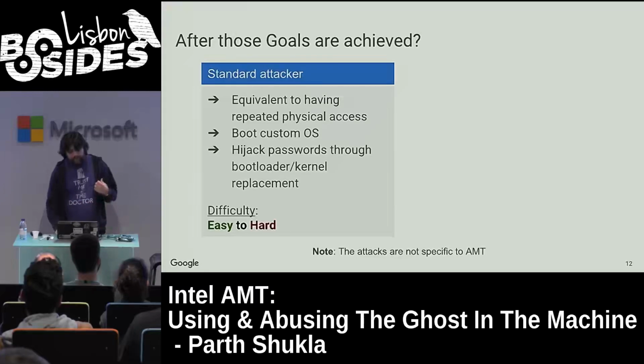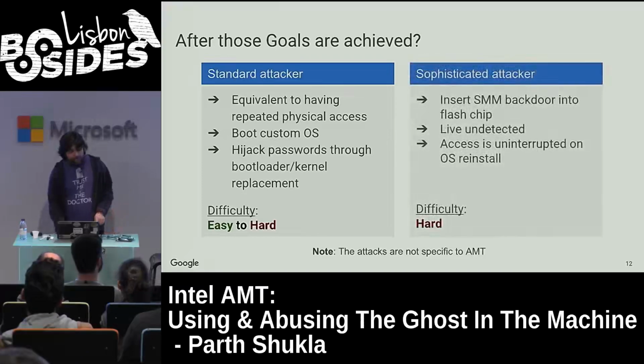The reason I put down easy to hard in the difficulty is because the success here depends on a few factors, such as whether secure boot and or trusted boot are being used. Even if some or all of those are being used, how the BIOS is protected also contributes. We'll touch on it again when we talk about mitigations later on.